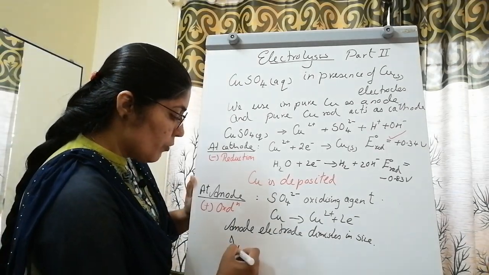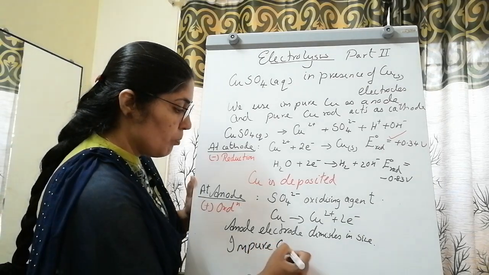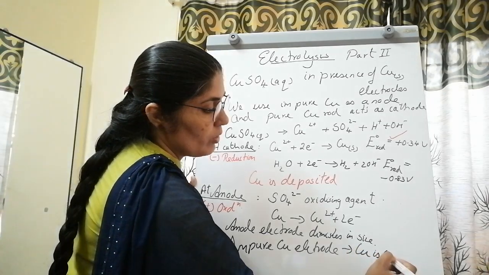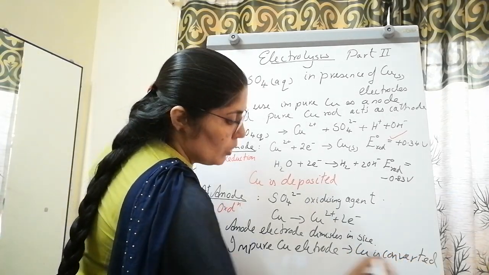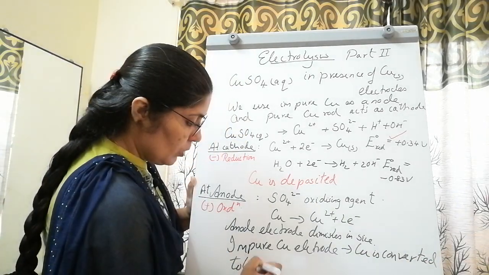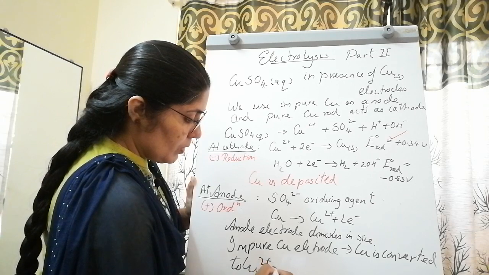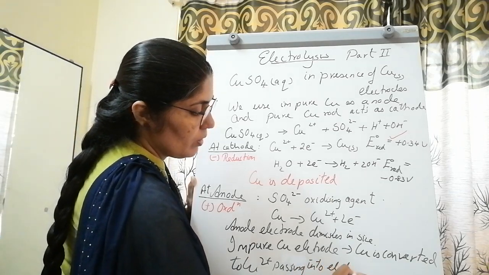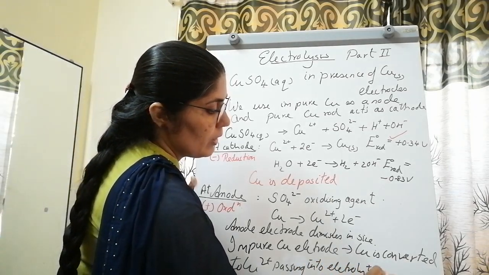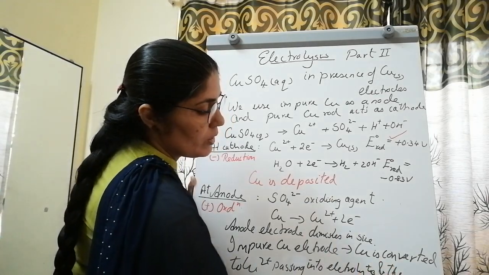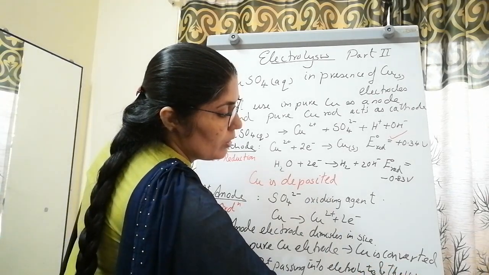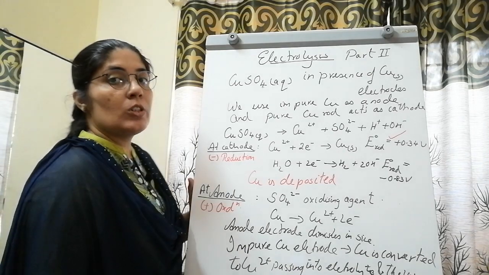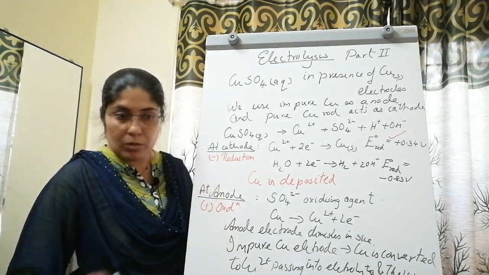So from the impure copper electrode, the copper is converted to Cu2+, passing into the electrolyte, and the impurity present in the rod is going to drop down at the bottom.